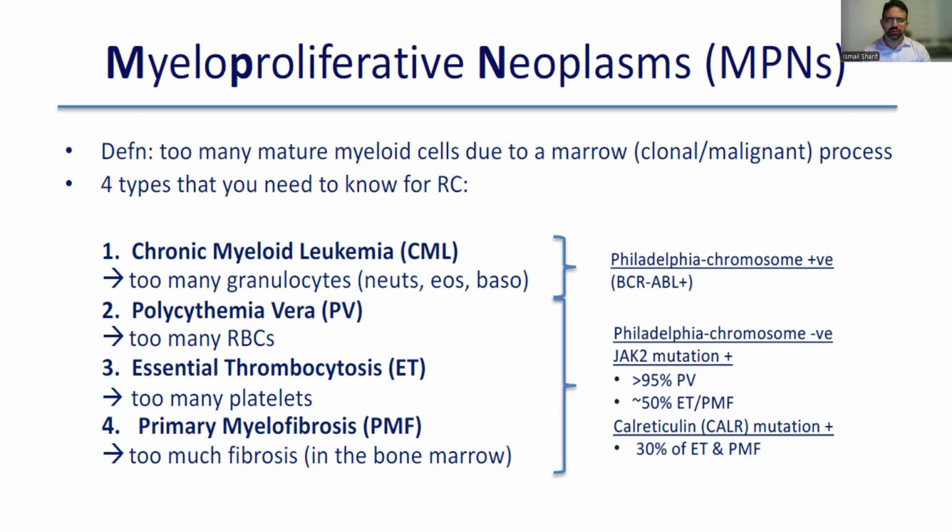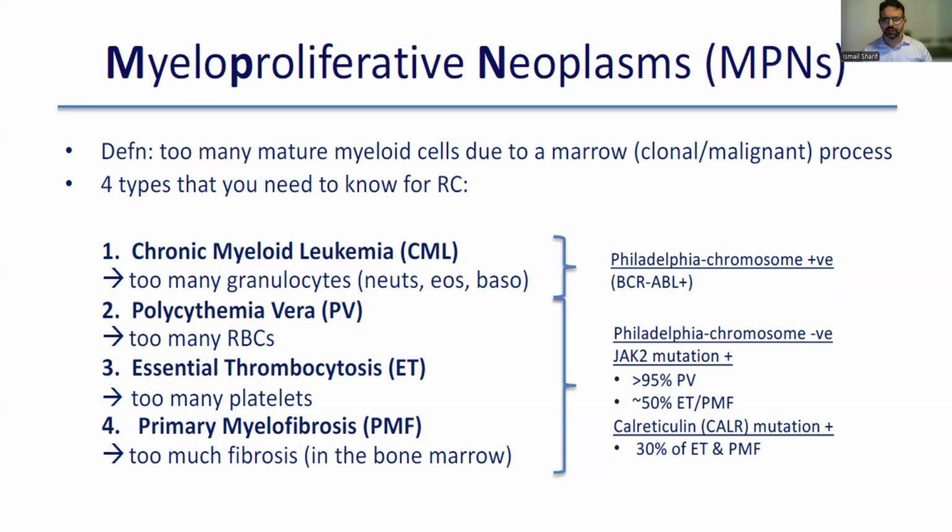Now, myeloproliferative neoplasm means too many mature myeloid cells. CML has too many granulocytes, and we have to remember that those patients are Philadelphia chromosome positive. Polycythemia rubra vera is too many red blood cells, essential thrombocytosis is too many platelets, and myelofibrosis is too much fibrosis in the bone marrow.